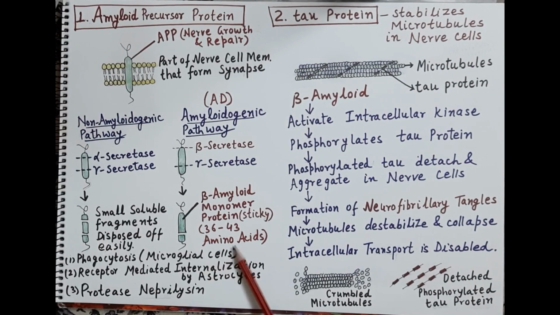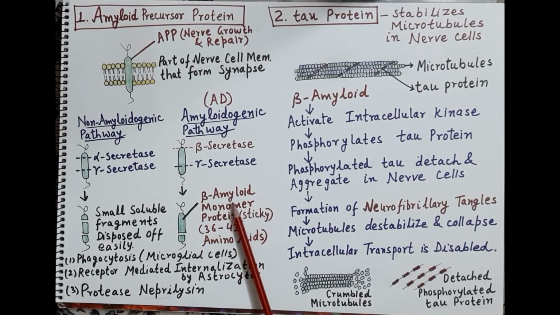Now what happens in Alzheimer's disease is that there is excessive formation of beta amyloid proteins and reduced disposal of beta amyloid proteins, because of which there is accumulation of beta amyloid proteins in the neuronal junctions.